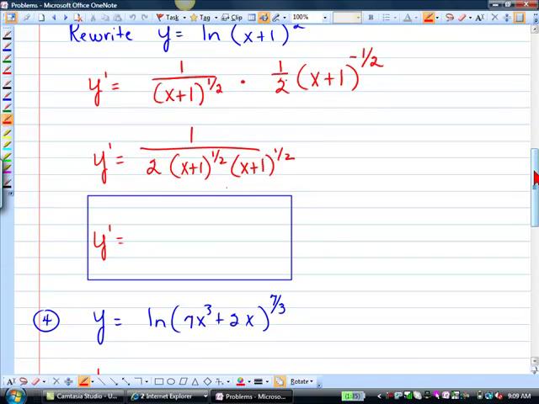Now, what else can I do? When you multiply expressions, what do you do with the exponents? Add them. So 1/2 plus 1/2 is 1. So we ultimately have 1 over 2 times x plus 1.